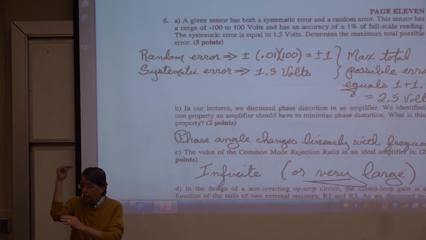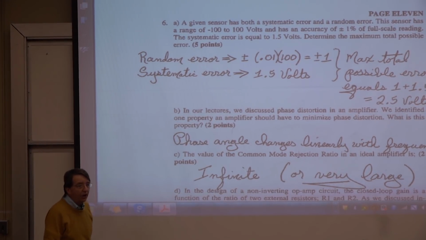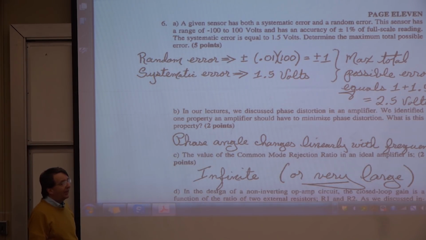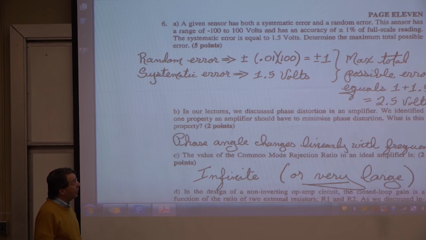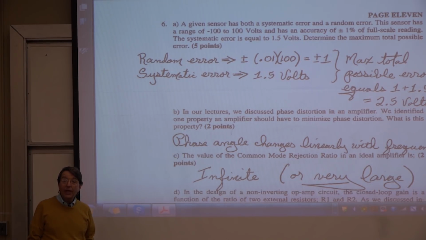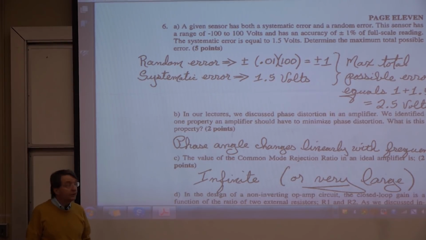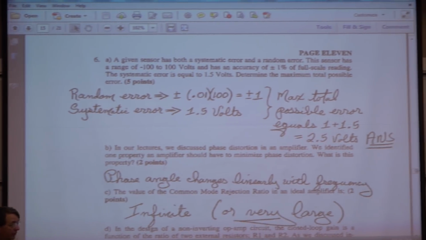So the full scale is 100. So we get plus or minus 1 for the random error. Now, to get maximum possible error, they both add together. So you get 1.5 plus 1. Maximum possible error is 2.5.